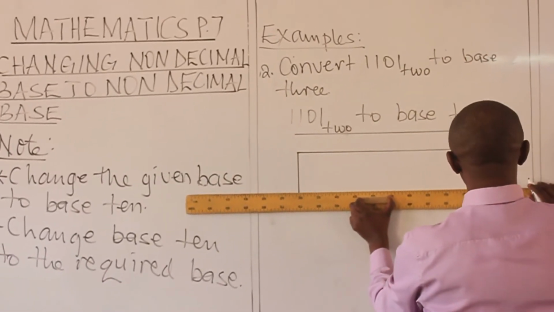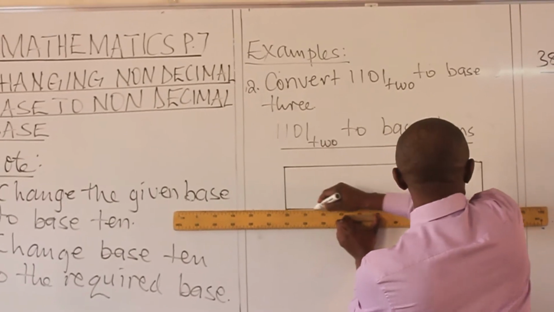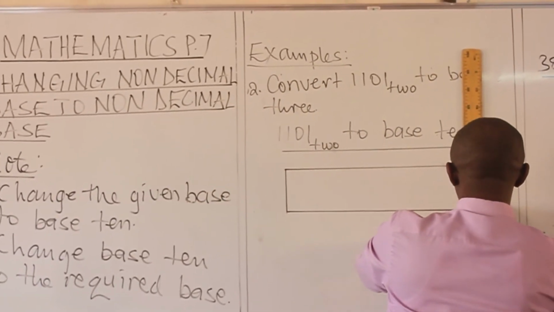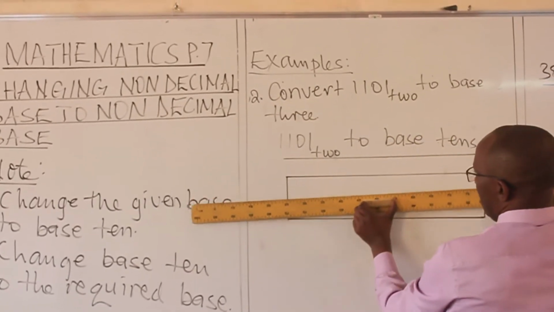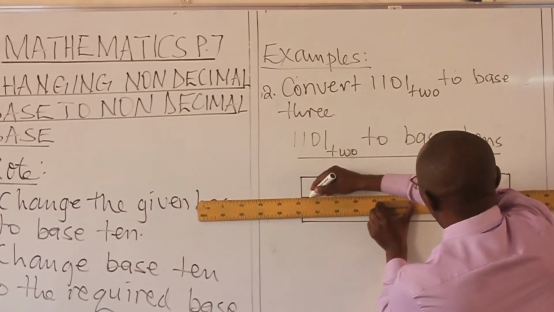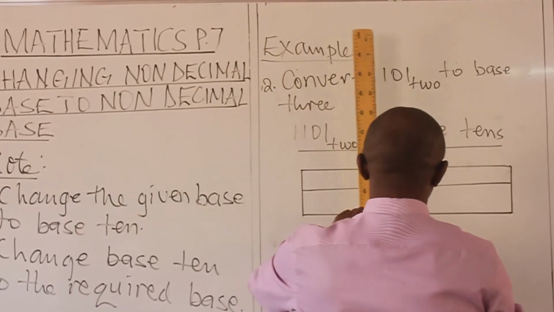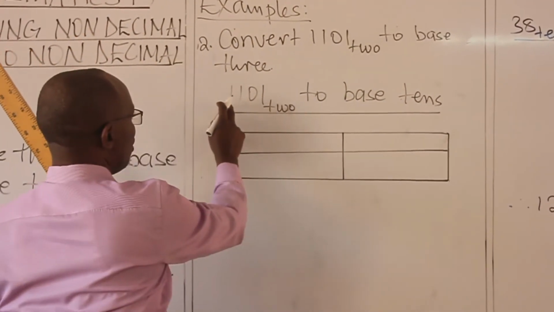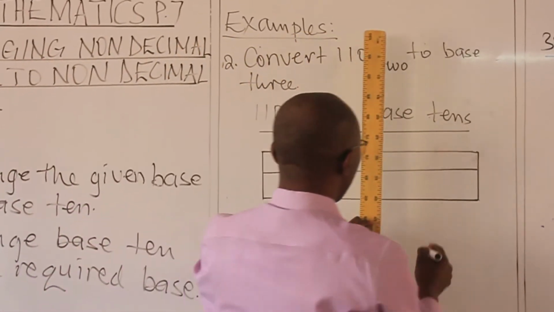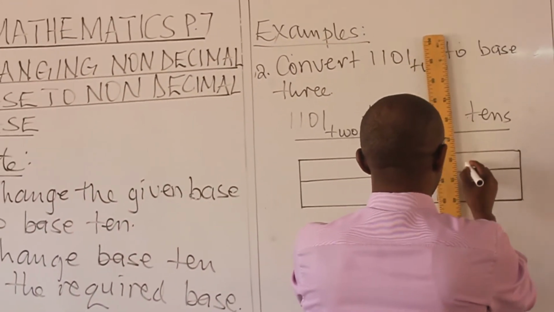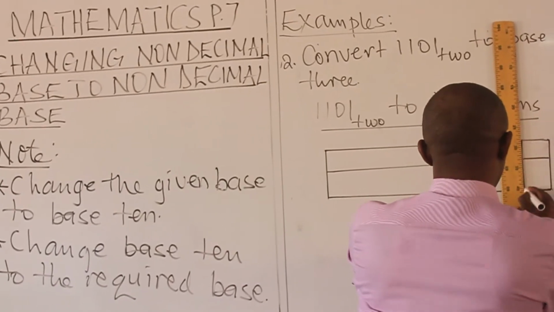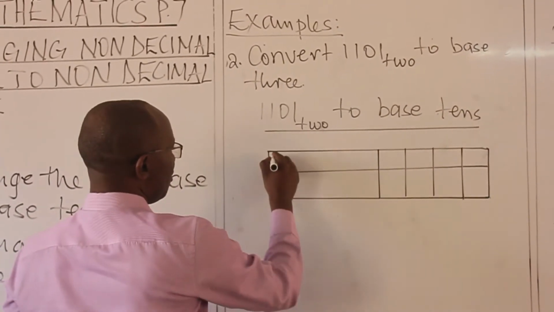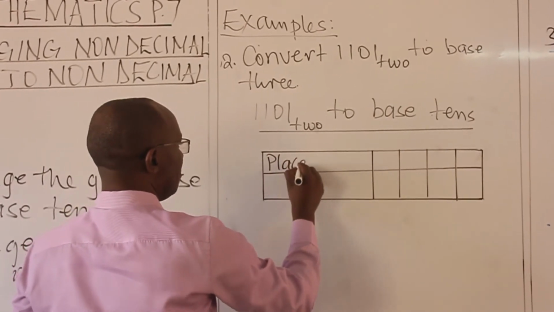We are drawing a table to easily identify the place values so that we don't make any mistake as we multiply the numerals with the place values. So how many digits has the numeral? 1, 2, 3, 4. There are 4. So we divide it into 4 columns. So now, I said we have the place values up. These are place values.